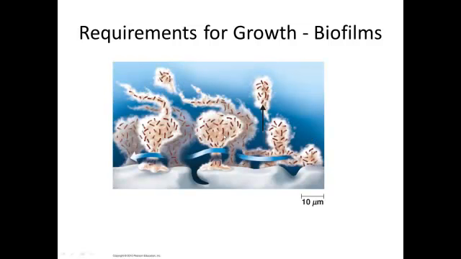Now, another interesting thing about biofilms is some of these organisms we've never grown in the lab. We've grown some of them in the lab, but others we can't grow in the lab because we don't know what they need. They're evolved to grow with their buddies, and their buddies protect them from bad influences. Say, for example, we have different species of bacteria in here, and the organisms on the outside are aerophiles, but the organisms on the inside are obligate anaerobes.